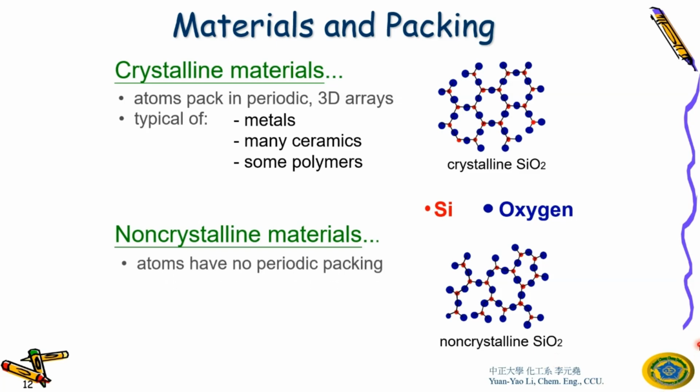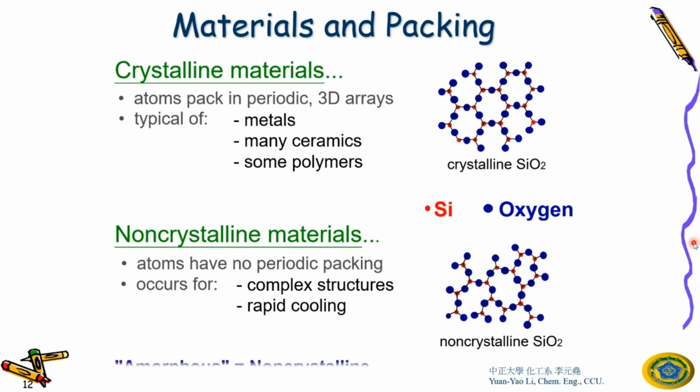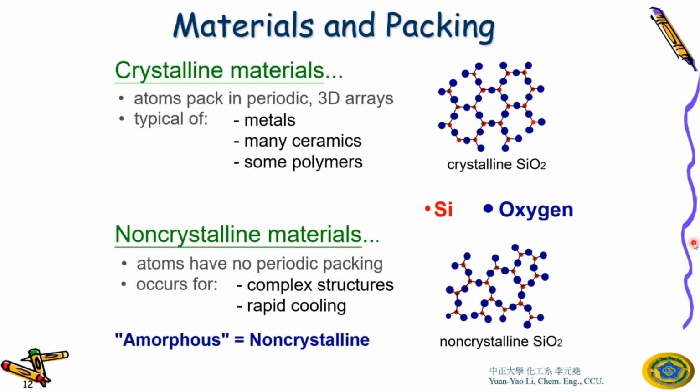So the atoms have no periodic packing. It occurs in complex structures and with rapid cooling. When you do rapid cooling of a material, you will form a non-crystal structure. However, we use amorphous instead of non-crystalline. So when you see amorphous, that means it's a non-crystal material.